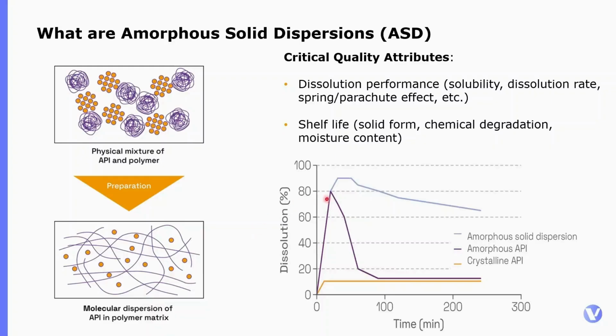The key benefits are faster dissolution rate, higher apparent solubility, and a longer period of supersaturation. Unlike the pure amorphous form, which often shows a spring parachute effect, the right polymer can help sustain that supersaturation. It also plays a crucial role in keeping the material amorphous during its shelf life.